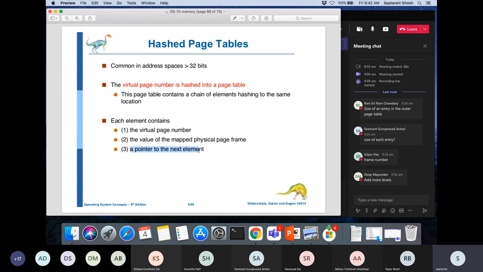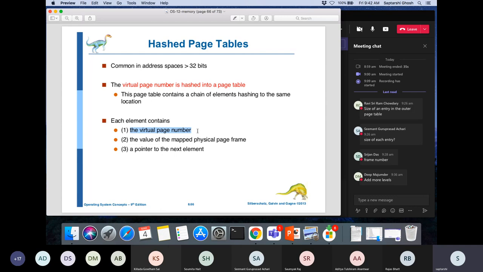Essentially, let me ask a question. This is the new part. Why did we not have to store this in the page tables that we discussed till now? The physical page frame we always needed to store. The page table entry stores the physical frame number. But this is the new thing, the virtual page number.